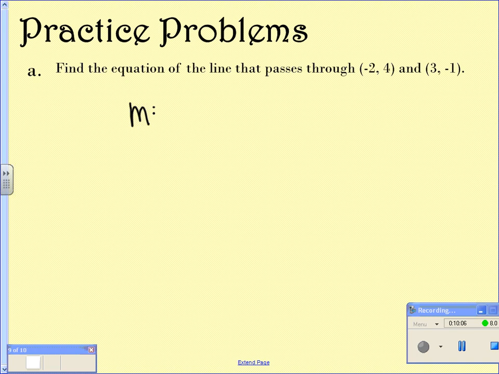What would you get for your slope? Negative what? Do I need to go over the slope? Okay. All right. Negative 2, 1, 2, 3, 4. And 3, negative 1. You agree? Right? Here you can go up 1, 2, 3, 4, 5.